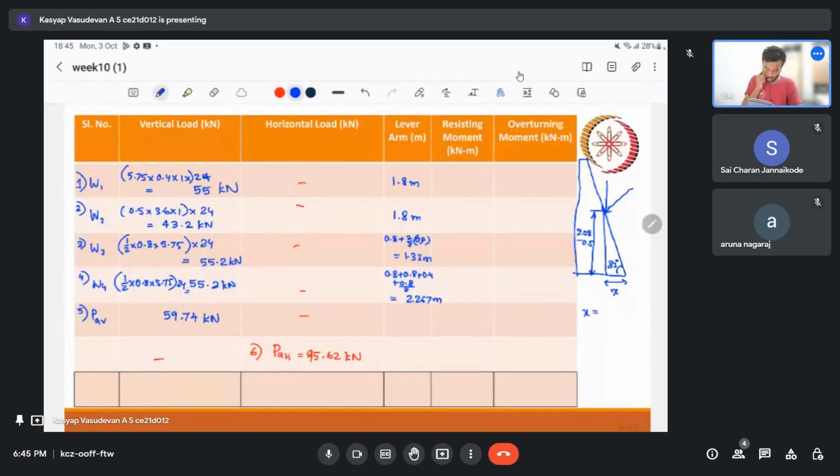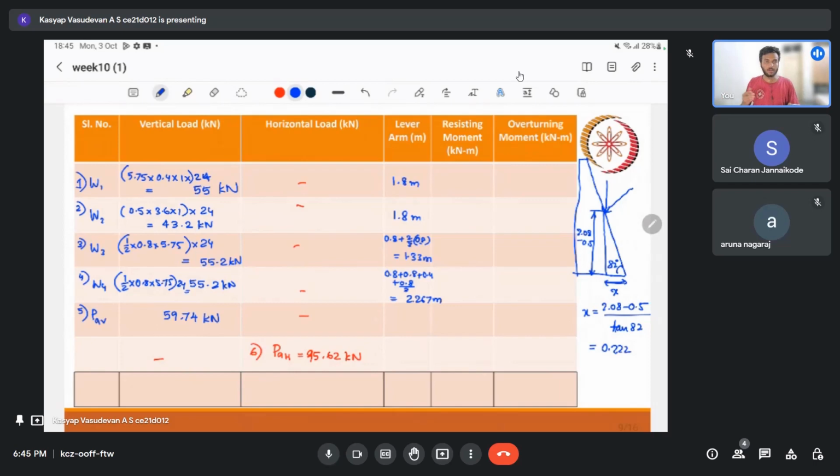So I can write this x is equal to opposite, so this 2.08 minus 0.5 divided by tan of 82. I can write opposite by adjacent. So this turns out to be 0.22, so this distance is 0.22.